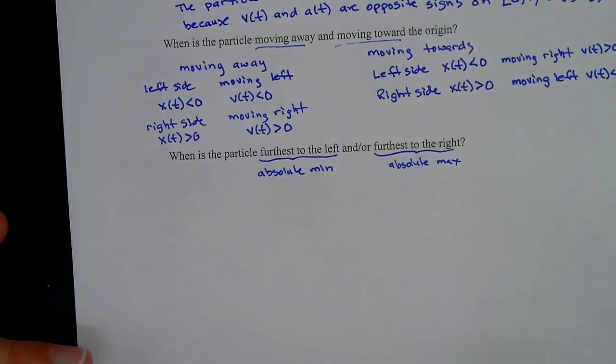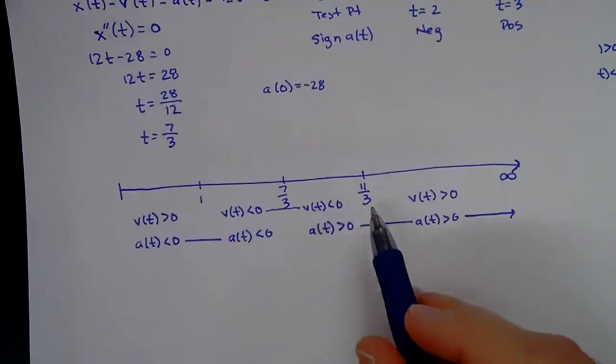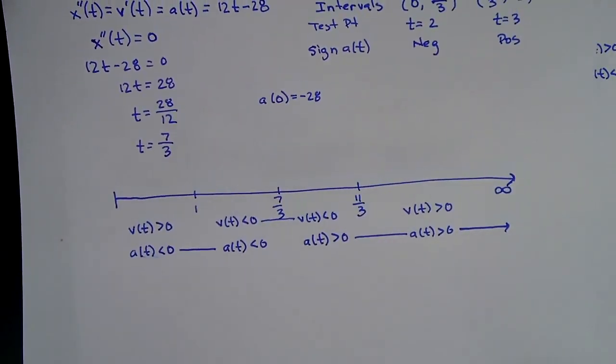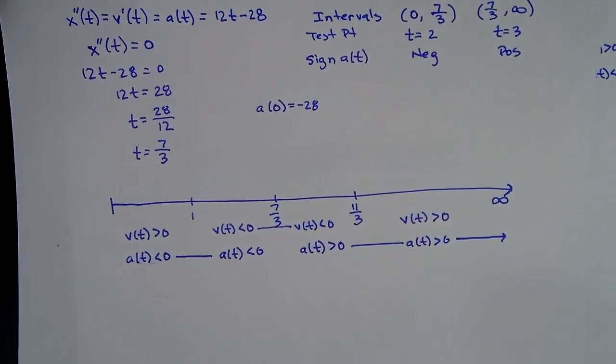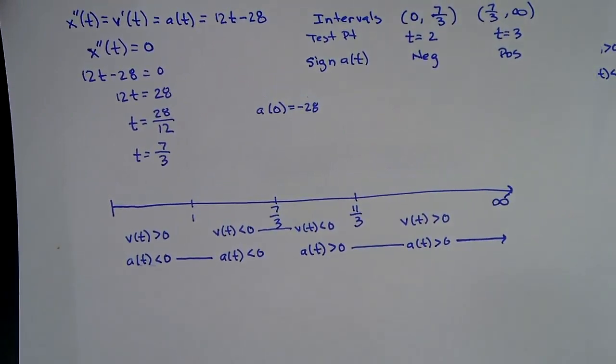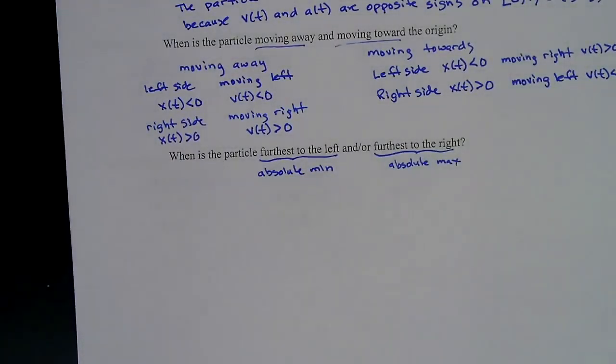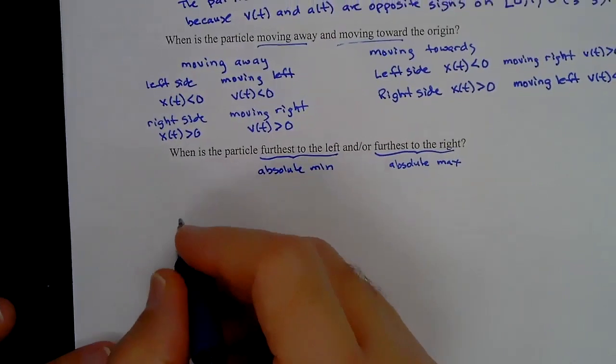From 11/3 on, the velocity is positive, which means it's moving right. So the particle will never be there. There's never a point where the particle is furthest to the right. That's what I'm trying to say. Sorry. Okay, all right.